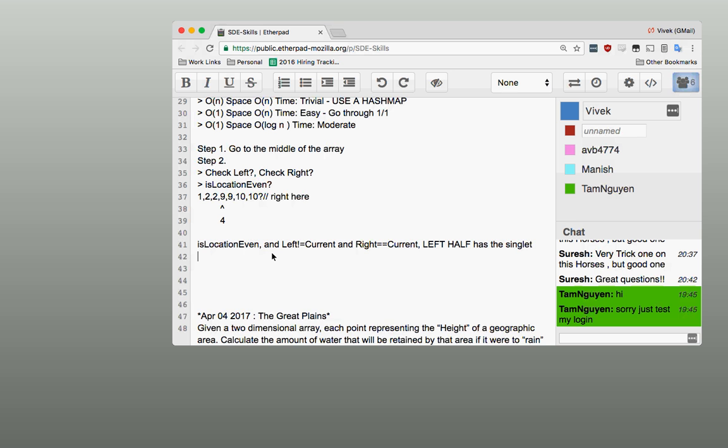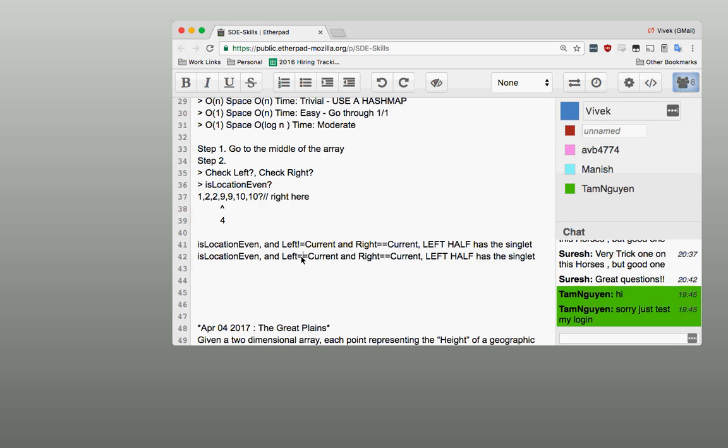Okay. And on the same note, if the location is even and the left is current and the right is not current, then the right half has a singlet. Correct? Yep. So far with me?